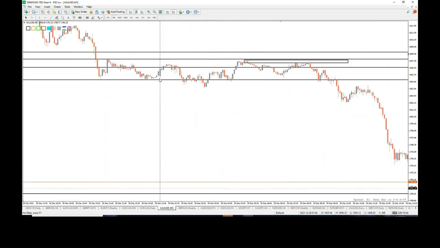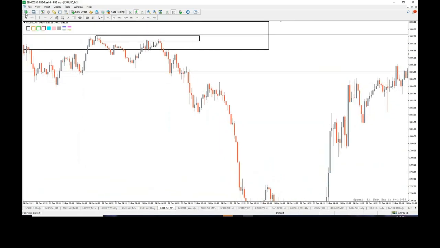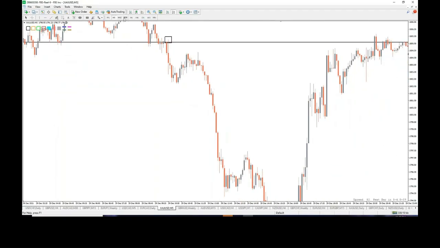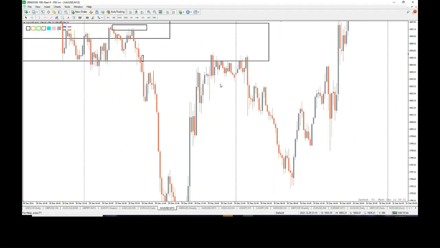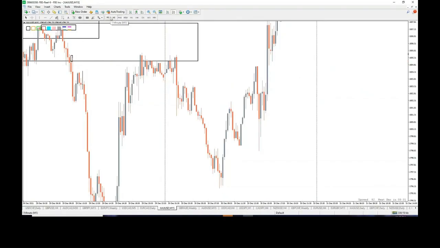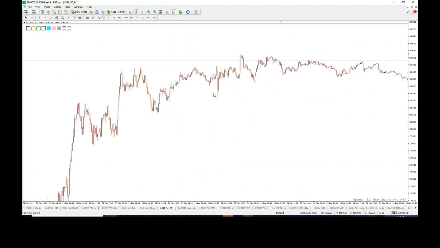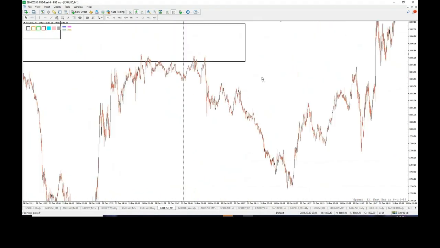You can have your entry right there. See that engulfing? So that is your next entry. That's a very tight entry, and it's going very fast. You have to find your re-entry on M1, but it's a bit complicated.